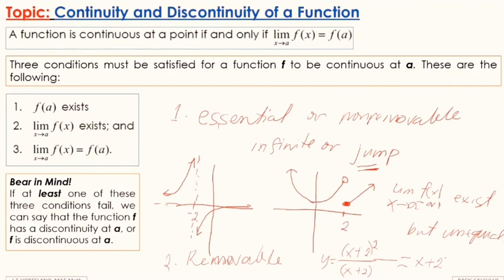And actually that is a linear function. Now if we graph that, at the part of negative 2, the circle should be hollow. So we call that a removable discontinuity.